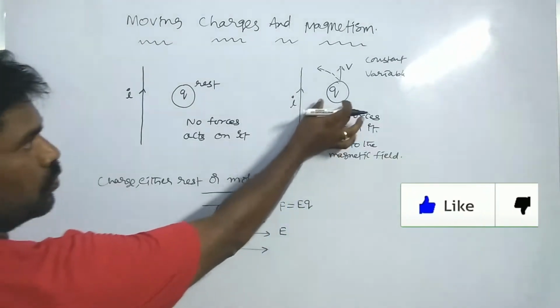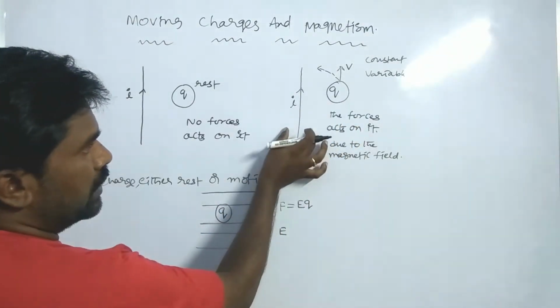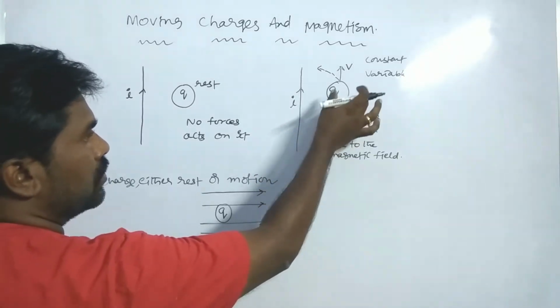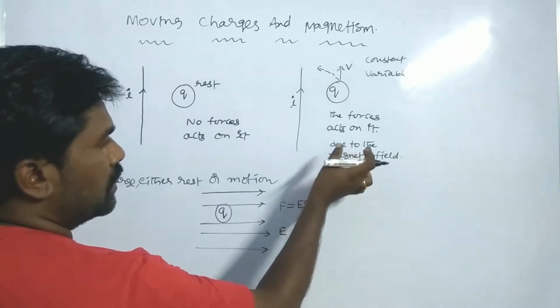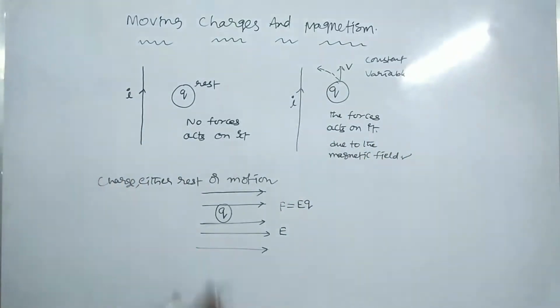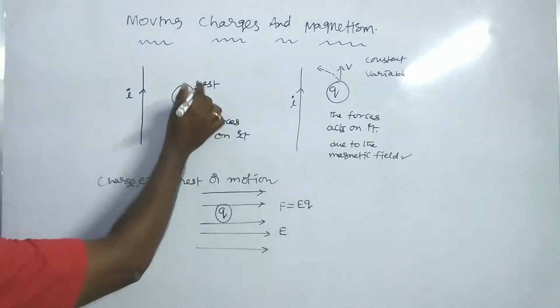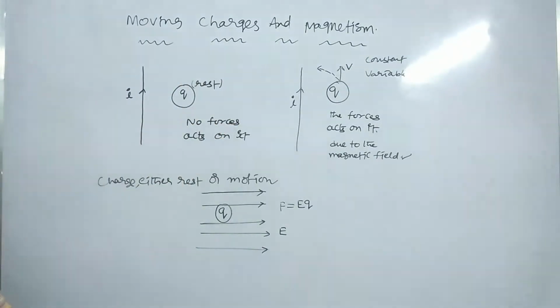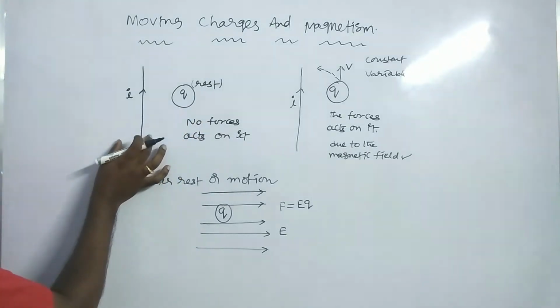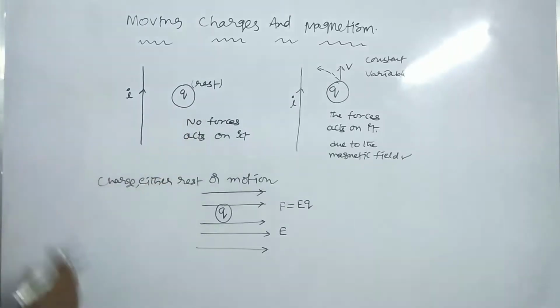Whenever the charge moves near an electric current carrying conductor, forces act on that charge, and those forces are due to the magnetic field. And if there is a charge at rest near a current carrying conductor, it cannot move, and no force acts on it. These are the points you have to observe, right?